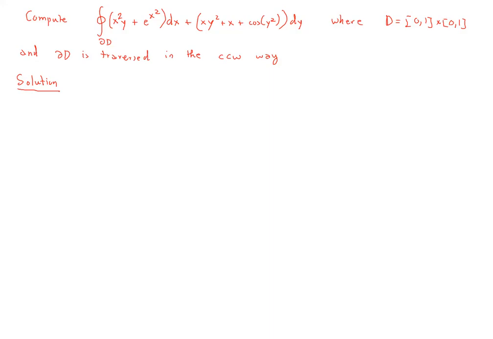Then your only resource will be to compute it using a parameterization of the path. And here, your path is what? Let's draw it. The path is simply the boundary of the square. But exactly because it naturally breaks into 4 segments, you will have to do 4 separate integrals.